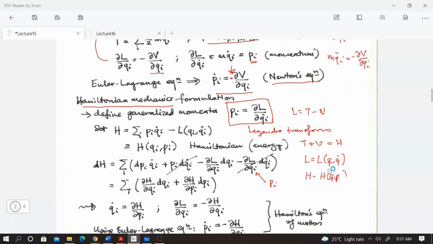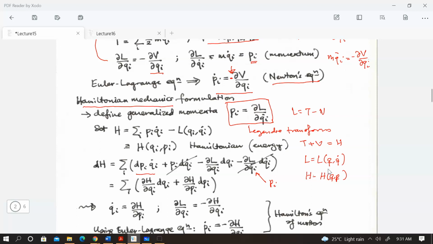That's why this gets crossed out, because you are really doing a change of the dependent variables. So finally you get the following: dp_i q_i dot and partial L partial q_i dq_i.